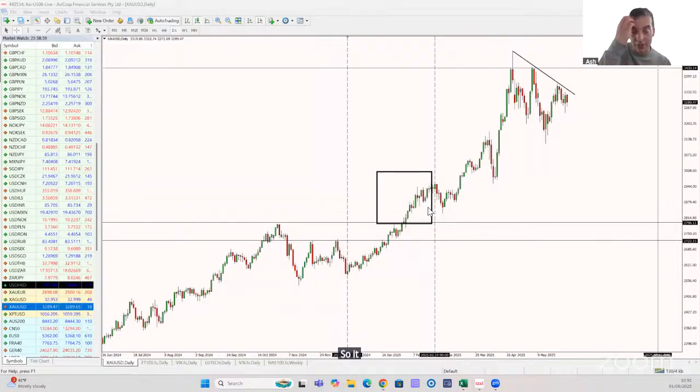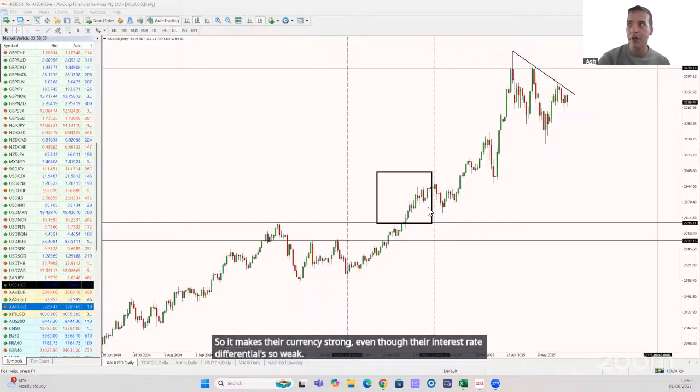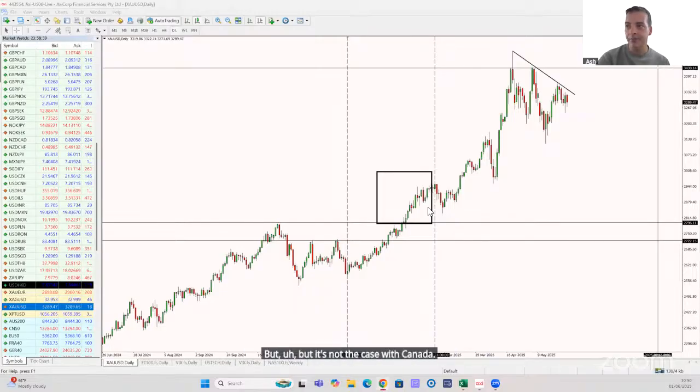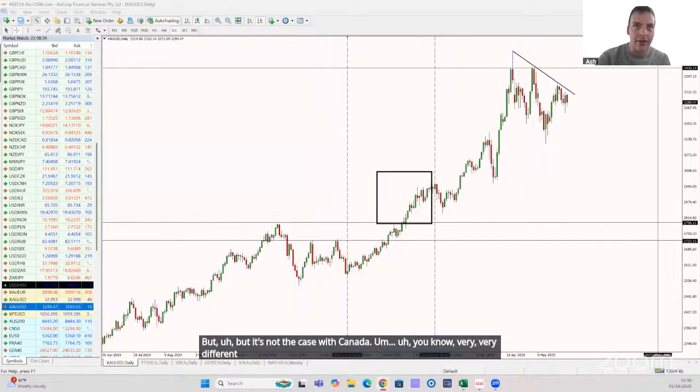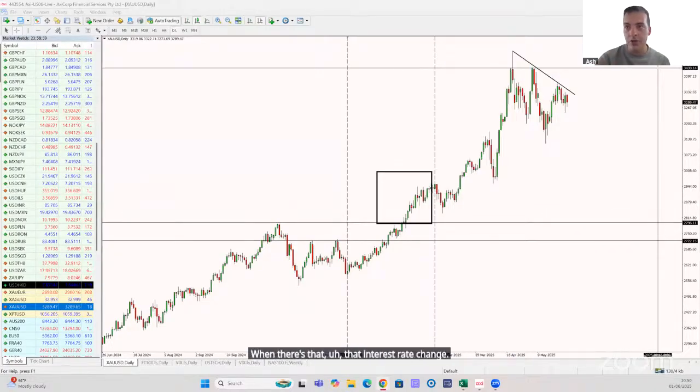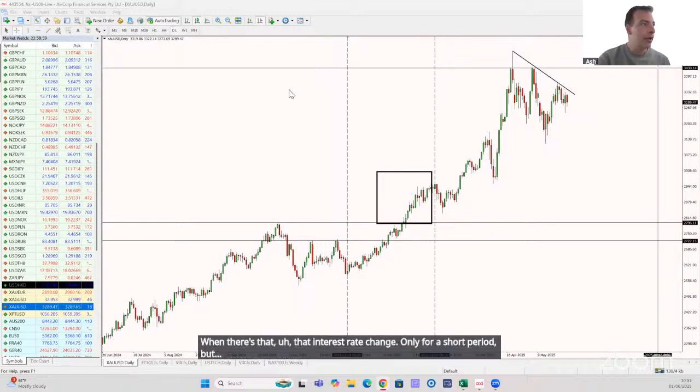So it makes their currency strong, even though their interest rate differential is so weak. But it's not the case for Canada. Very different picture. So you can trade the Canadian dollar when there's that interest rate change, only for a short period. Okay, so that's just a quick look at swing trading versus day trading.